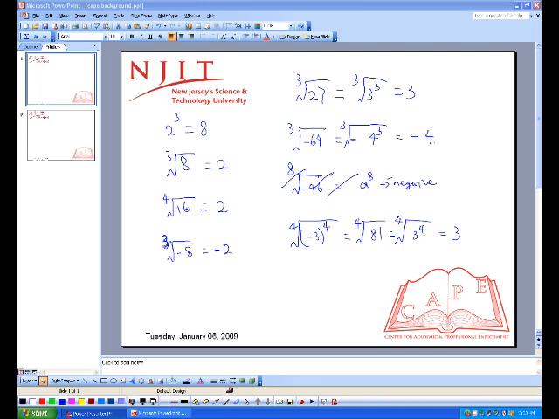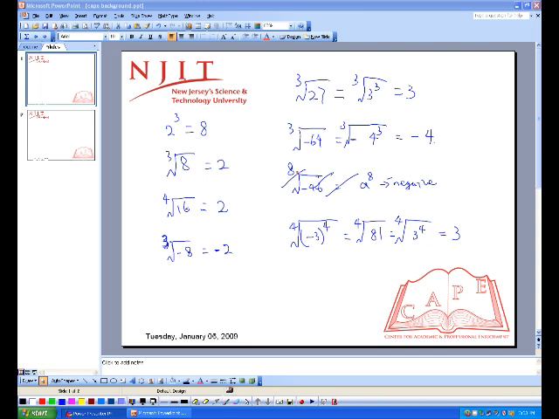So, in conclusion, the nth root is just the reverse process of the power, right? So if 2 to the third power is 8, then the third root of 8 is 2. And another thing you have to learn is that if the root is odd, then you could have a negative number and a negative solution.